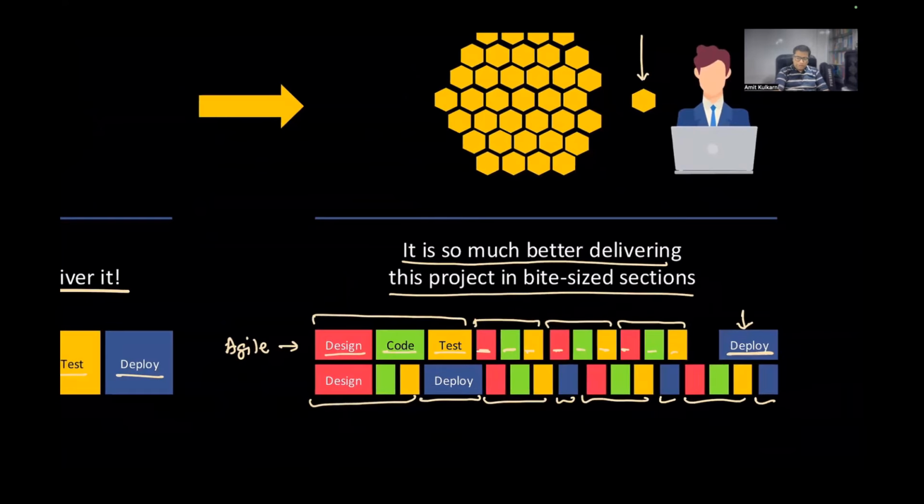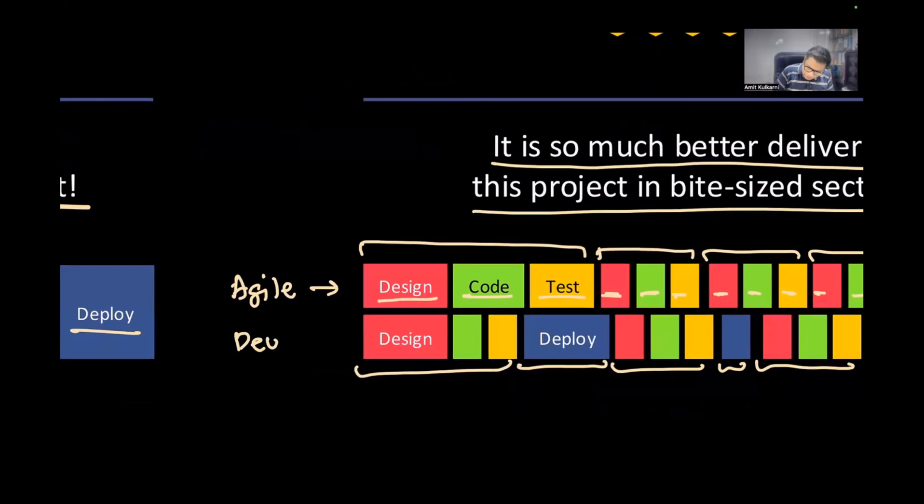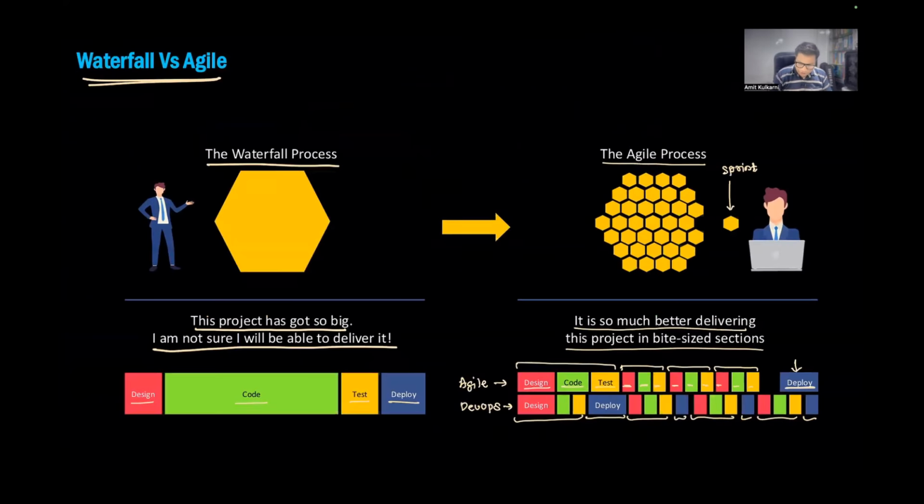Which means the deployment happens every now and then, and deployment itself is a very important, at the same time time-consuming process. Deployment means literally copying everything to certain resources, making sure everything is working, configuring the pipelines, and it takes a lot of time. That's why this portion can be automated by using DevOps. This is where DevOps comes into the picture.